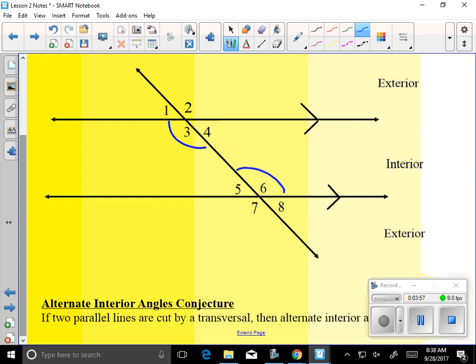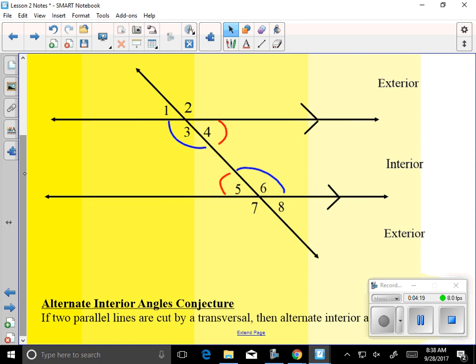What's the other pair of alternate interior angles? 4 and 5. Yes, 4 and 5 are also alternate interior angles, because they're inside the parallel lines and they're on alternating sides of the transversal.